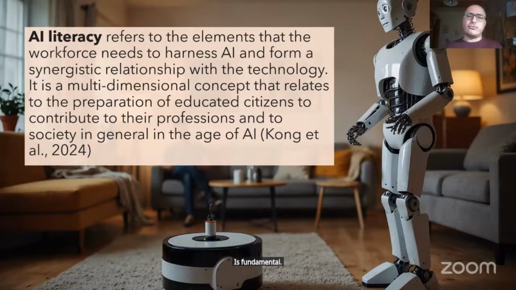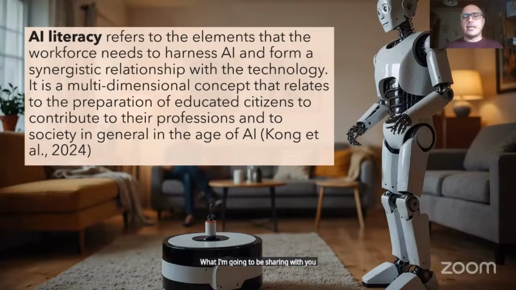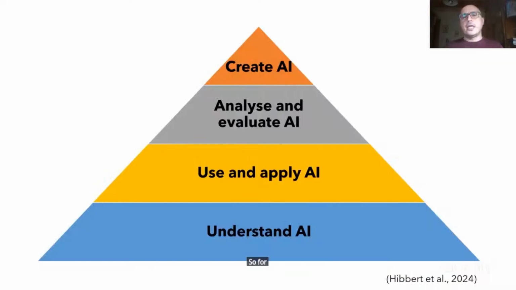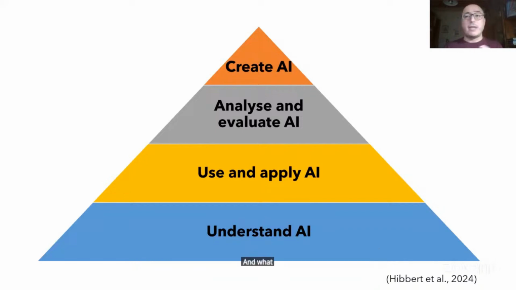And there is a lot of literature currently on what it means and what the different dimensions of AI literacy consist of. What I'm going to be sharing with you now is a framework, one of many frameworks that have been developed in order to chart what these different competencies forming part of AI literacy consist of. So, for example, earlier at the beginning of my talk, I talked very much about understanding what AI is, how LLMs work, and what the nature consists of, what the limitations are.